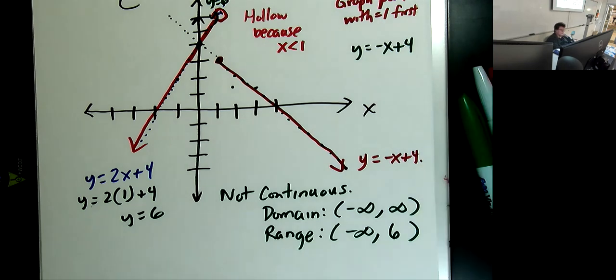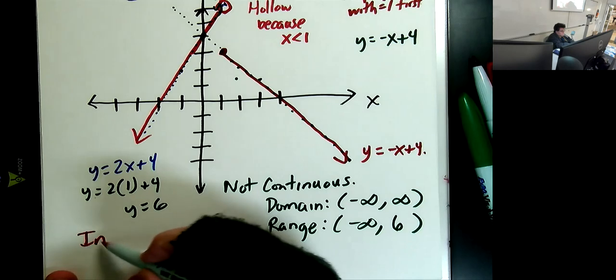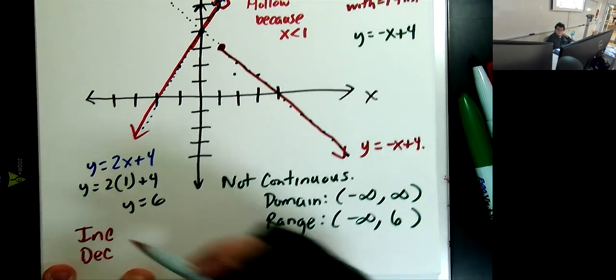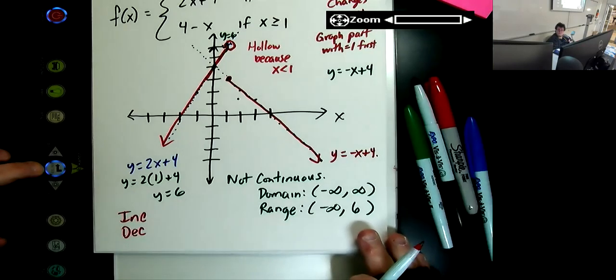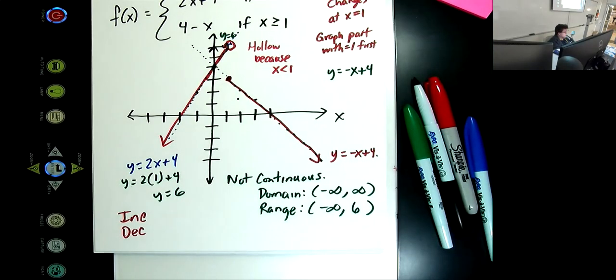And where is it increasing and where is it decreasing? Remember, as you go from left to right, is the graph going up or down?